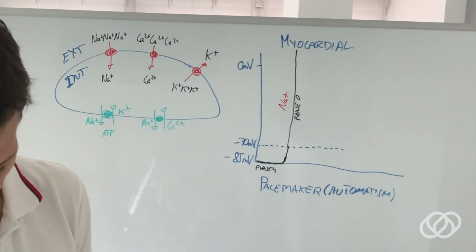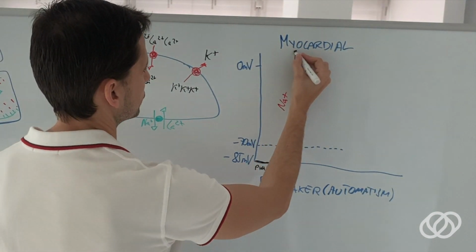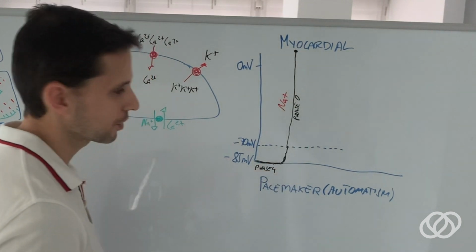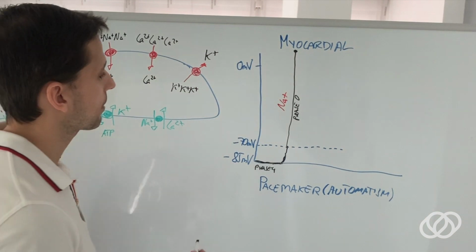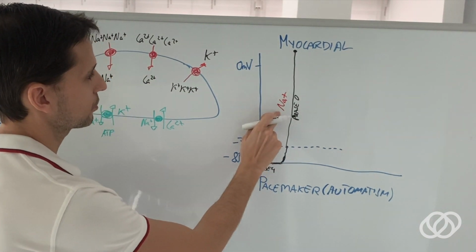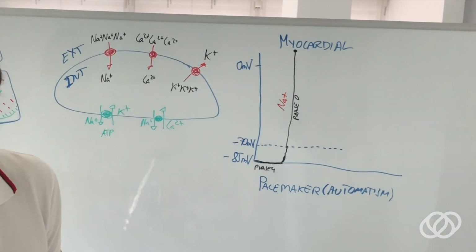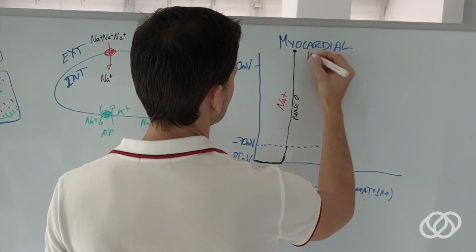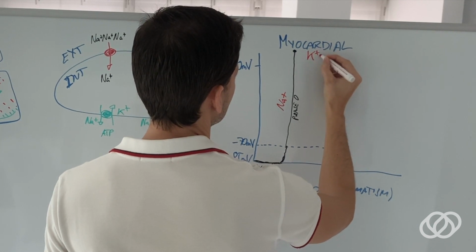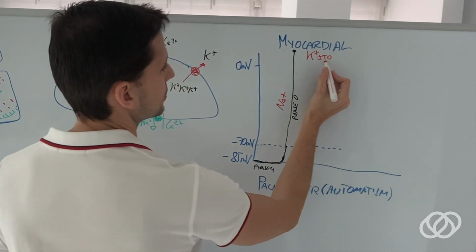Then, when the cell reaches this positive charge, it's going to begin phase 1, the next phase. It will happen because the sodium channels are going to close, and then other channels are going to open. The channels that are going to open are potassium channels, those potassium channels that are called Ito, the T because of transient.